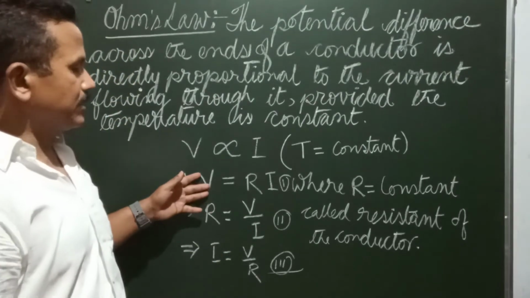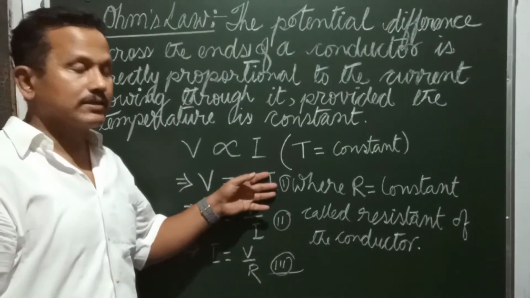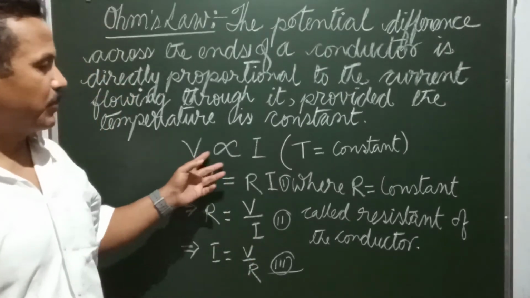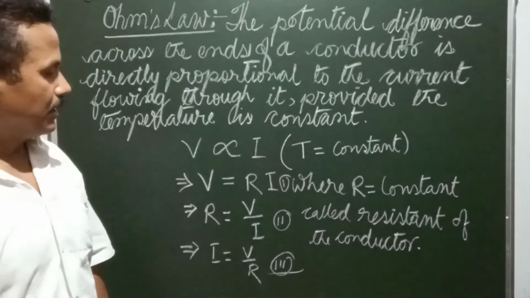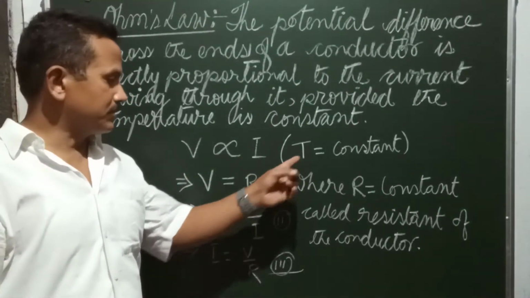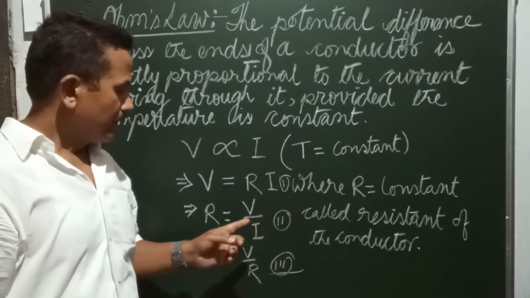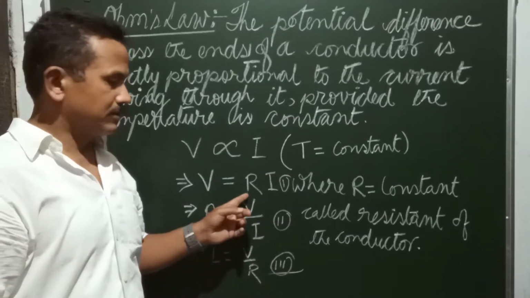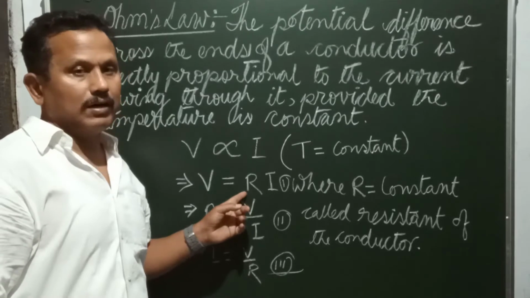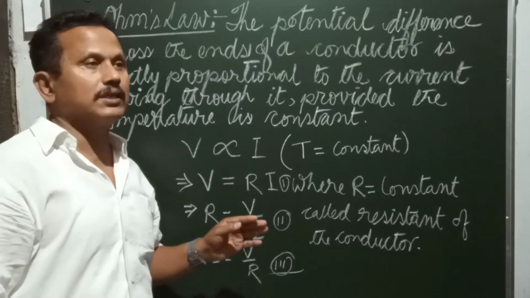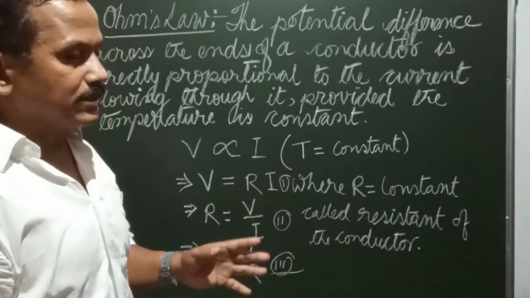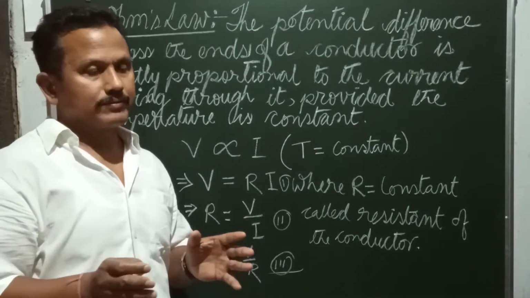potential difference increases, current also gets increased because they are proportional to each other. Provided the temperature should be constant, by the way, of course. Now we have to see here resistance. The resistance is a constant for a particular conductor.